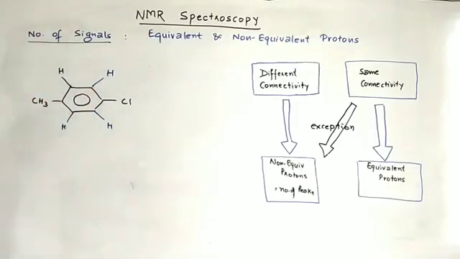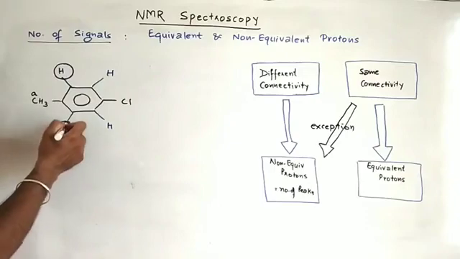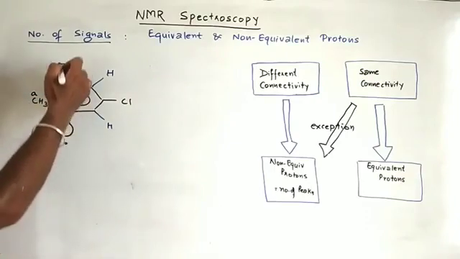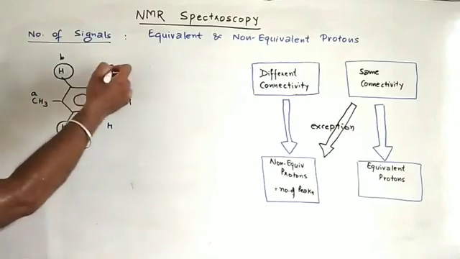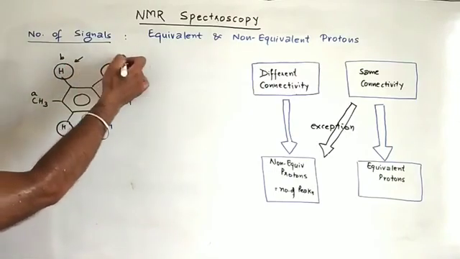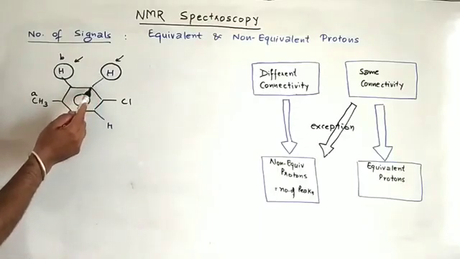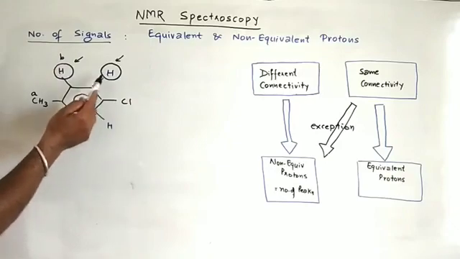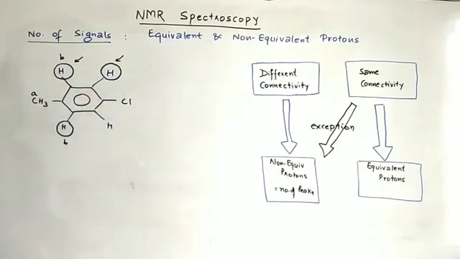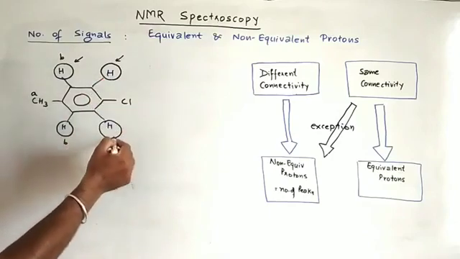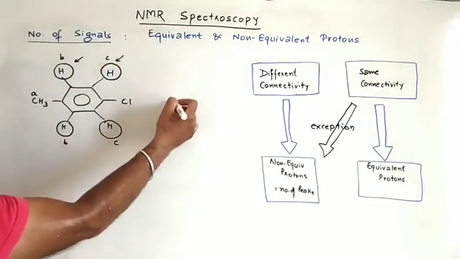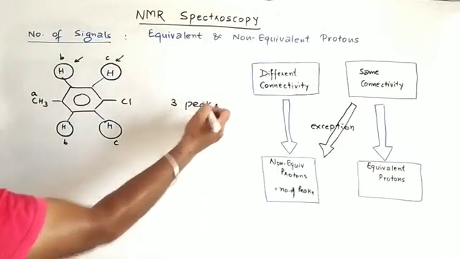Now clear that these three protons, they are equivalent. But these two protons, they are also equivalent. There is a methyl group adjacent to these two protons. But this proton and this proton, if you compare this and this, they are non-equivalent. As you can see, the environment or connectivity of this proton is with chlorine adjacent to this is ortho to chlorine, this is meta to chlorine. They are different. Means these two are same. So C, C, it will give 3 peaks.